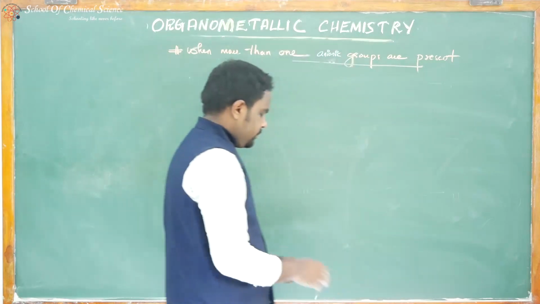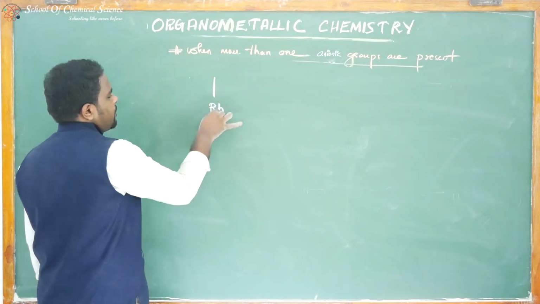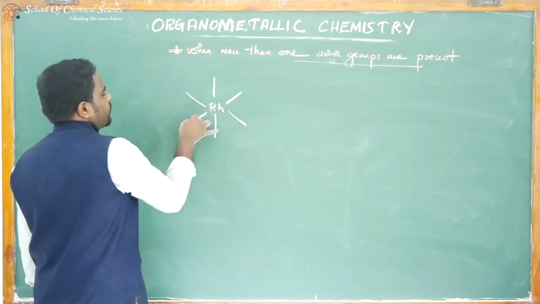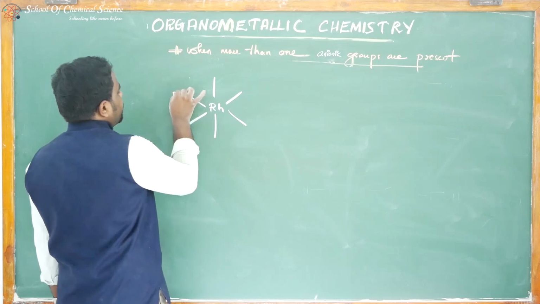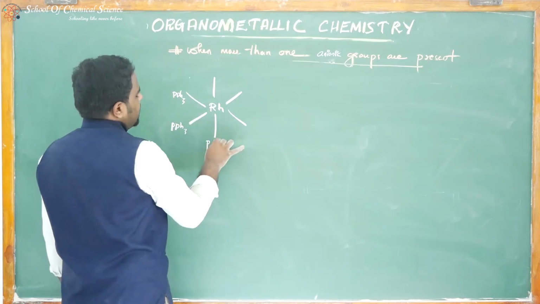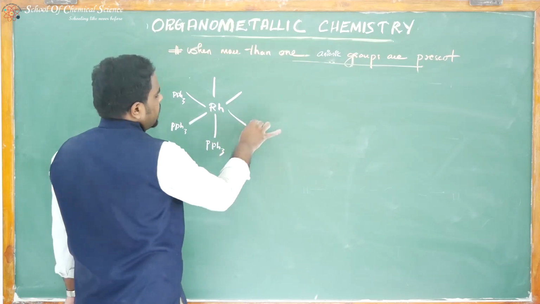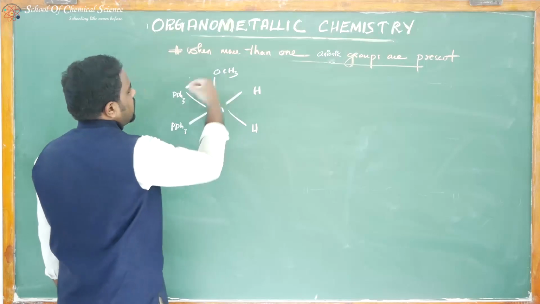Next one, rhodium. Here PPh3, PPh3, PPh3, hydrogen, hydrogen, OCH3.